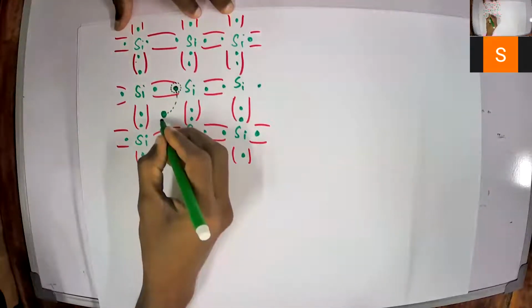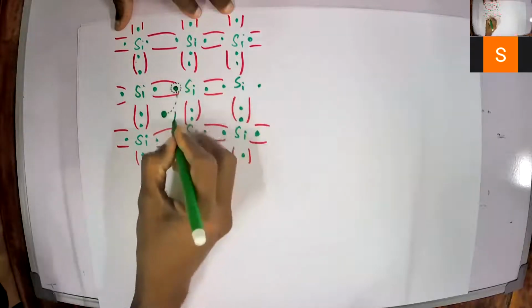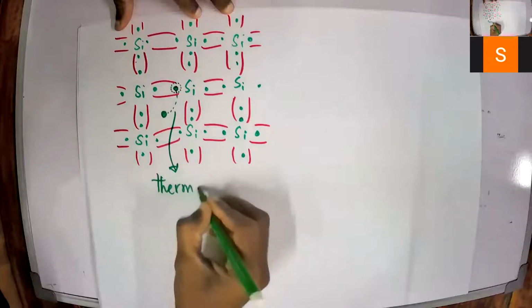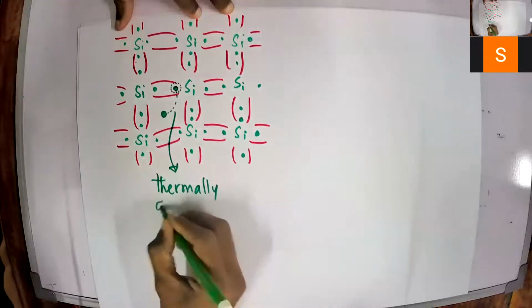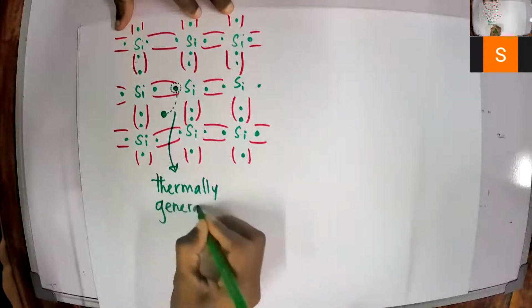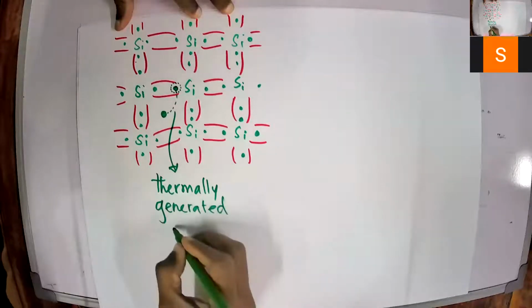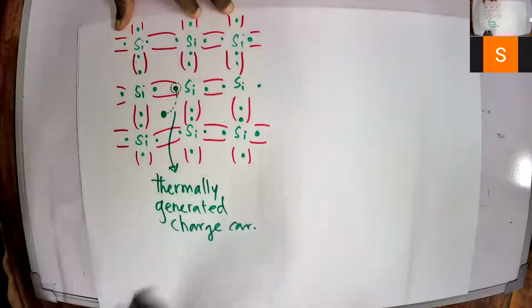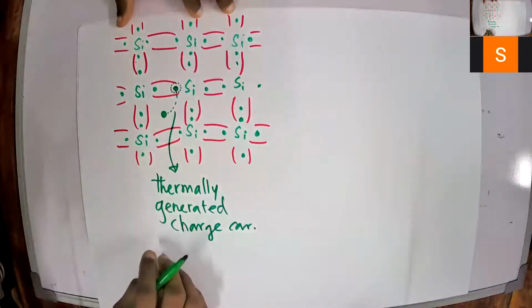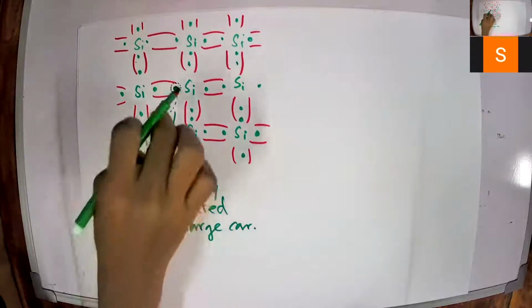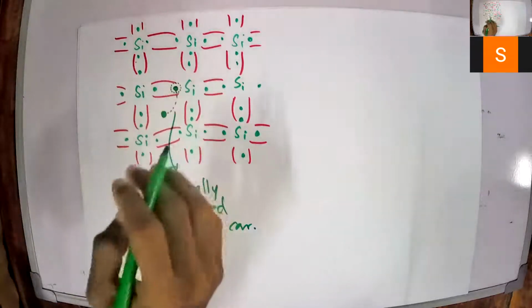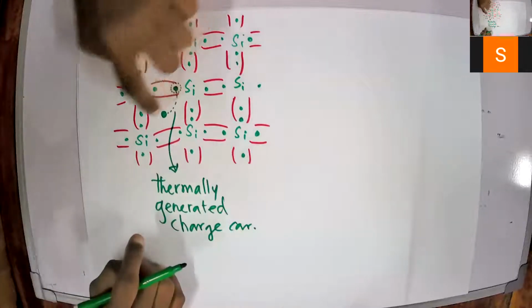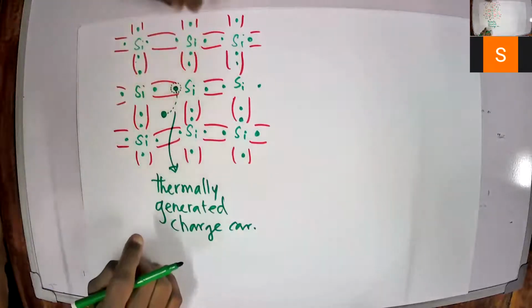This electron-hole pair is called thermally generated charge carriers, because this is created when you are increasing the temperature.